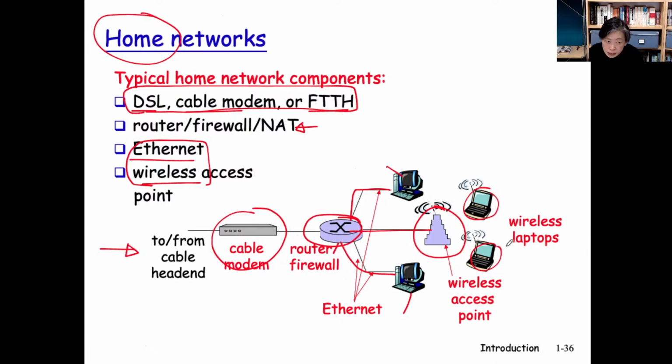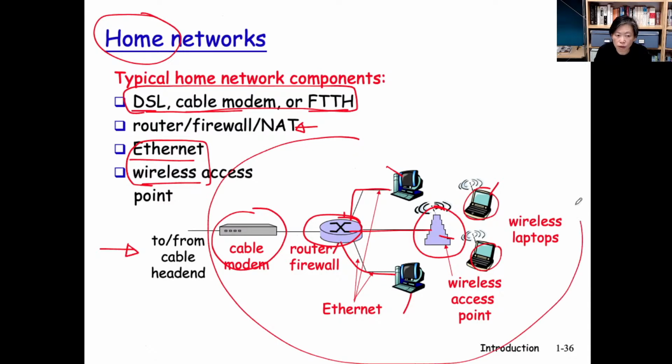And be a little bit careful when I ask what the access network is for a particular computer. It can be relative, right? This one here is through Wi-Fi, this one here is through Ethernet. But if I ask how this household is accessing the internet, the access network used by the household entirely is the cable modem.